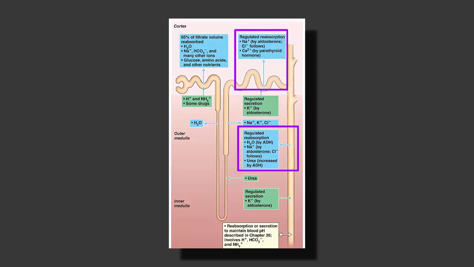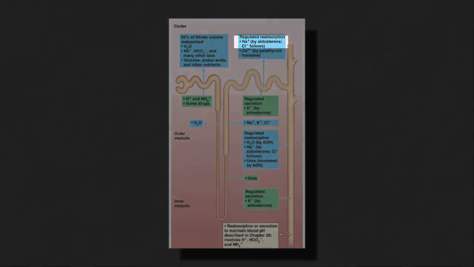Now, water will follow the sodium if aquaporins are present. You might be asking yourself, why would water preferentially follow sodium and not potassium, since there's a one-for-one exchange? The reason for that is because chloride follows sodium, and that sets up an osmotic gradient for water.